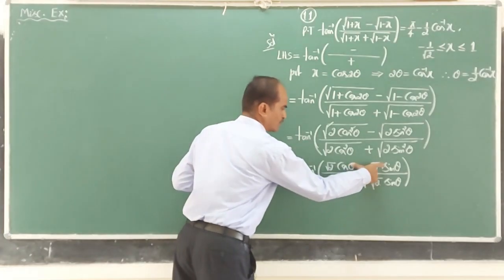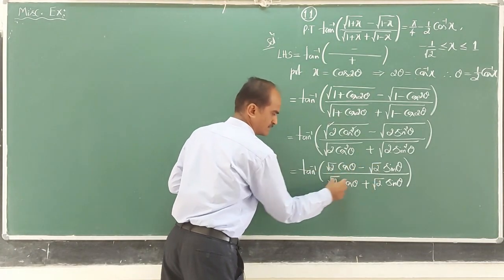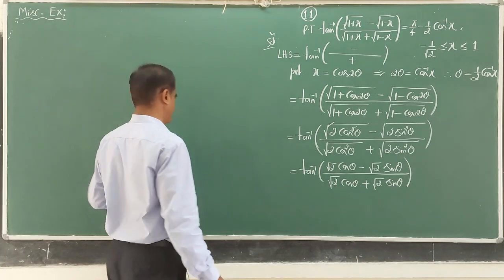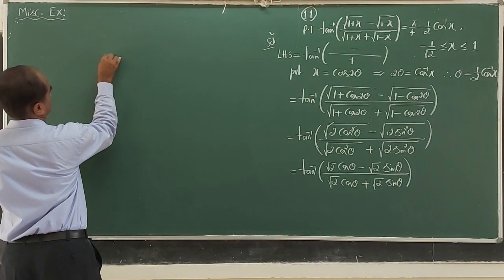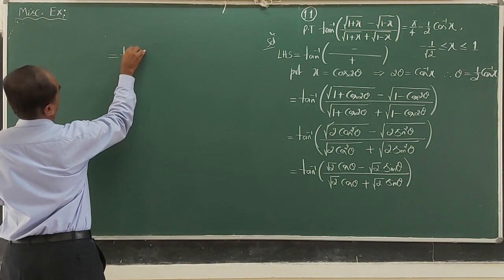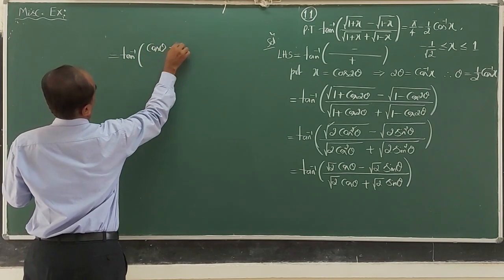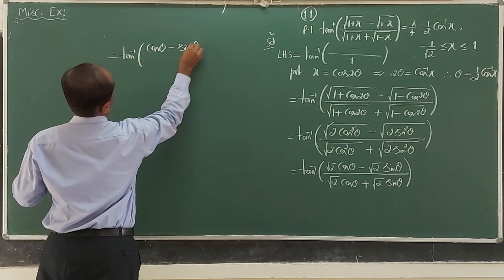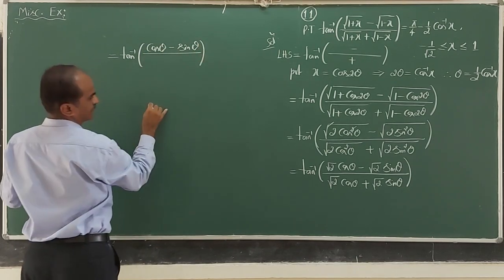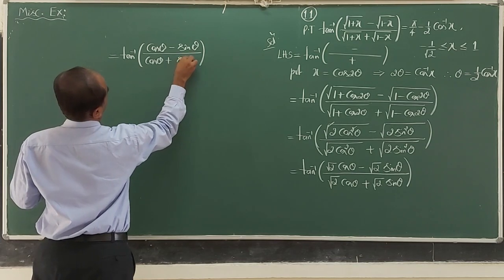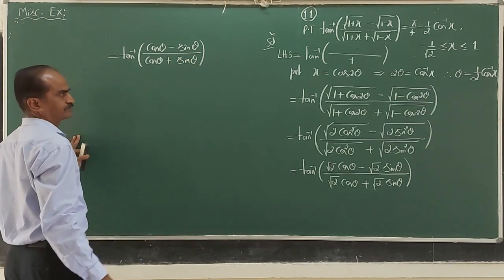Now taking root 2 common in the numerator and denominator, those two root 2 will get cancelled. By that, tan inverse of cos theta minus sin theta divided by cos theta plus sin theta we get.